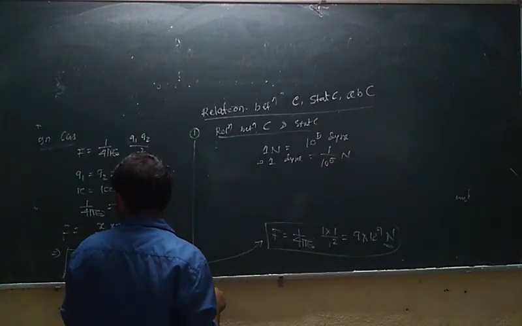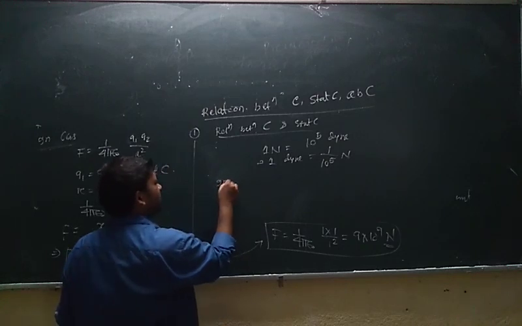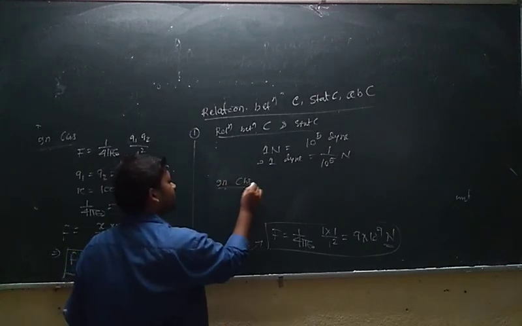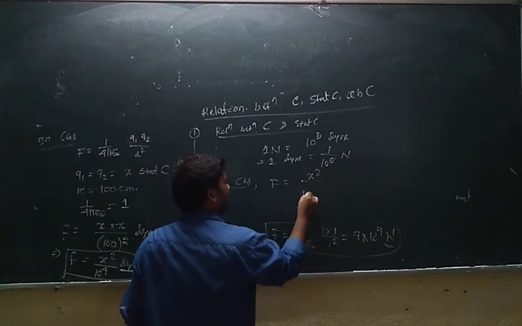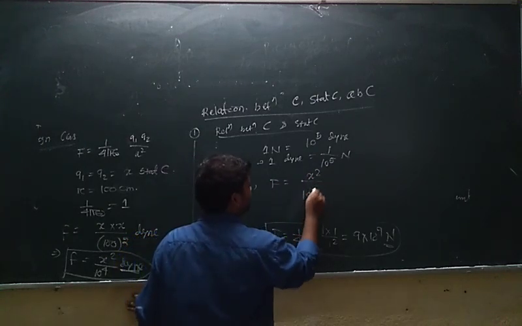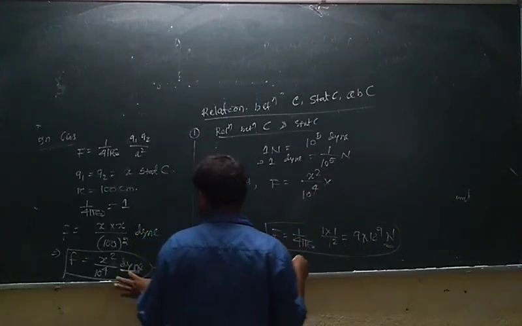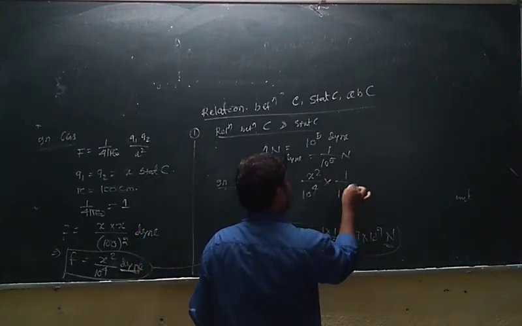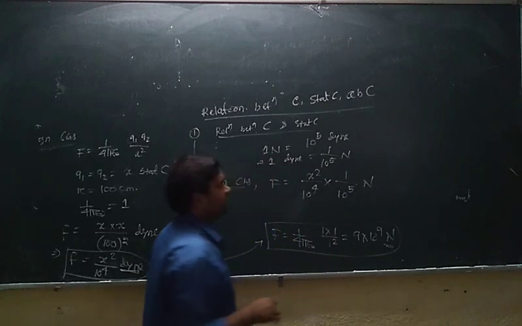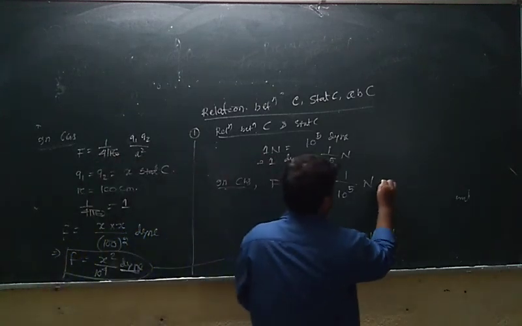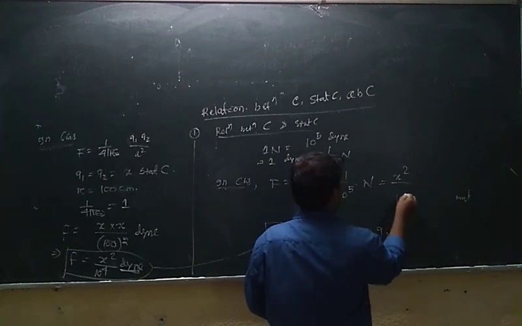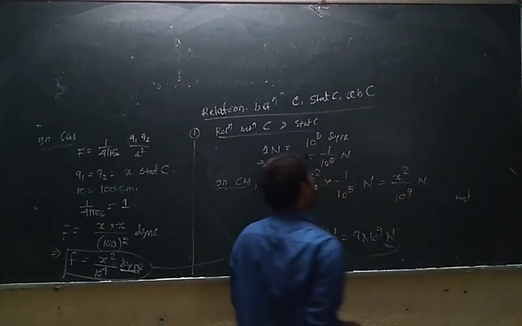Okay, so let's put that here. In CGS, if we put, F equal to x square by 10 to the power 4 into 1 dyne, which will be 1 by 10 to the power 5 Newton. So that will give x square by 10 to the power 9 Newton.